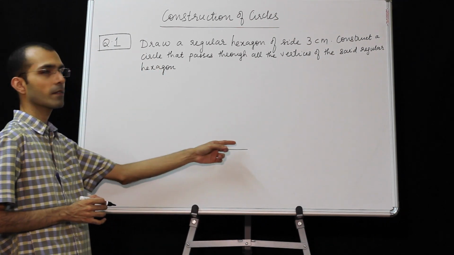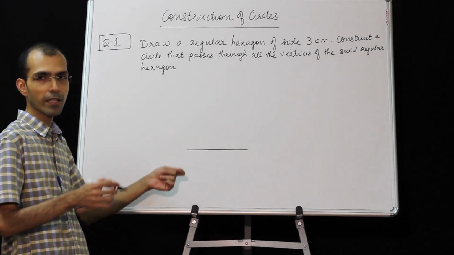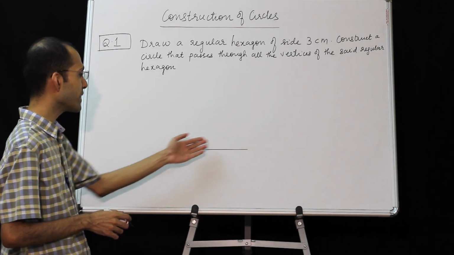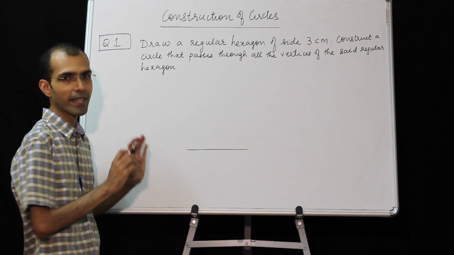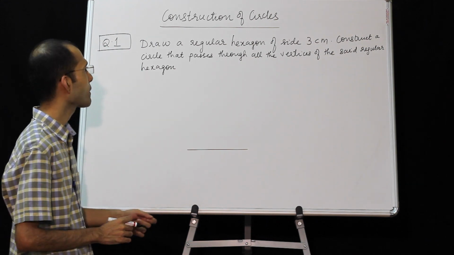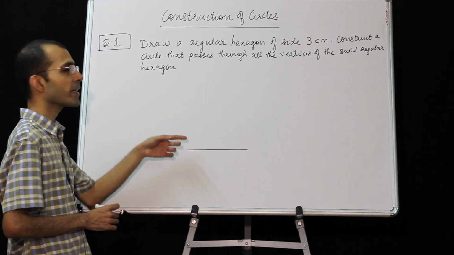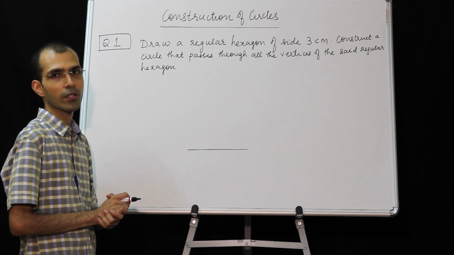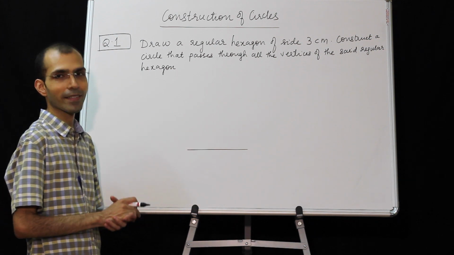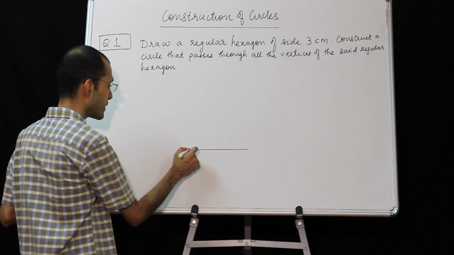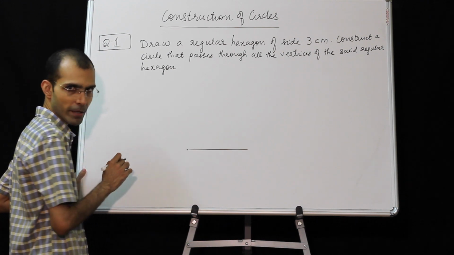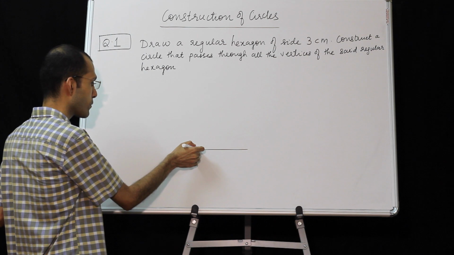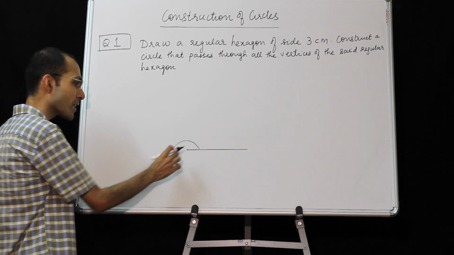Draw a segment of 3 centimeter directly with the help of a scale. It's an opening segment, so we can draw directly with the help of a scale. Now in a regular hexagon, each interior angle is how much? 120 degrees. So what we do is, with this as my point, we draw a semicircle of any convenient radius.